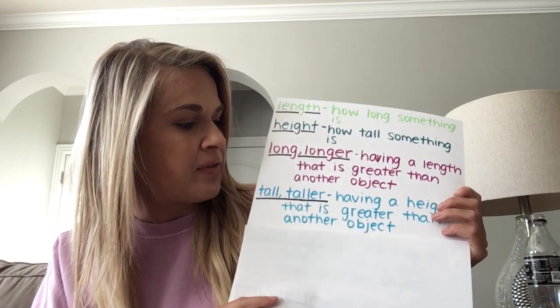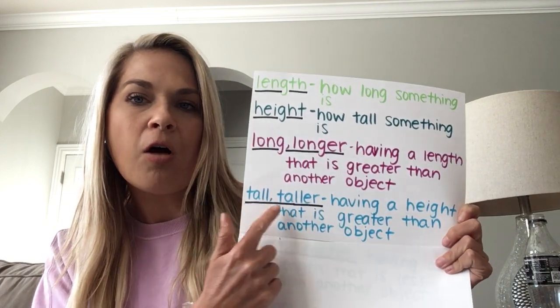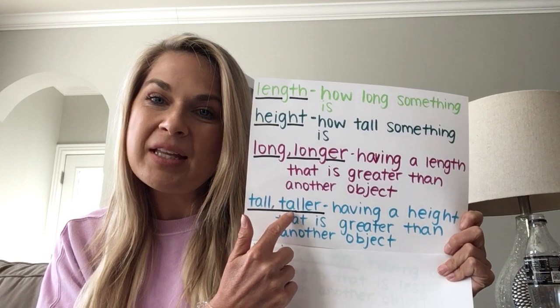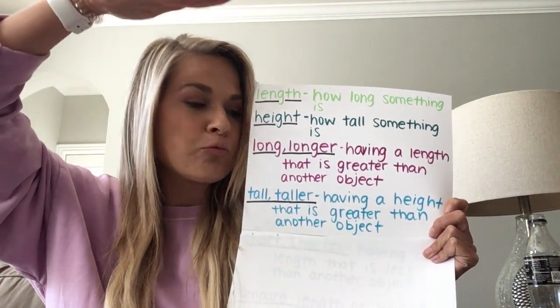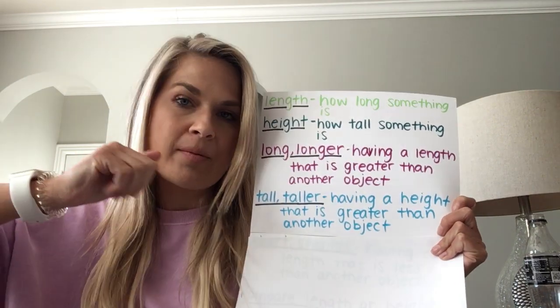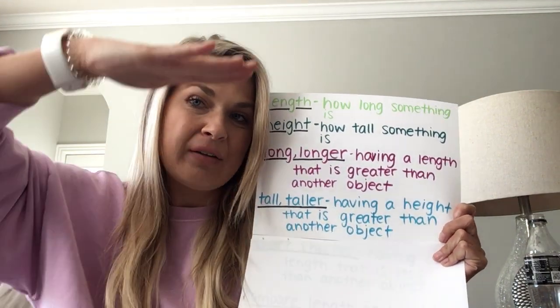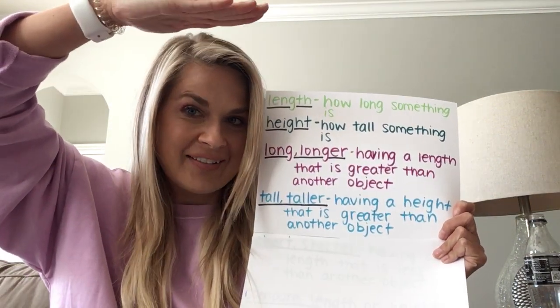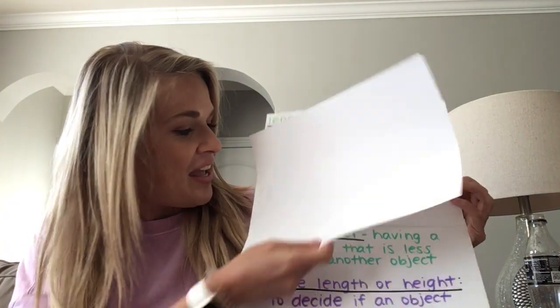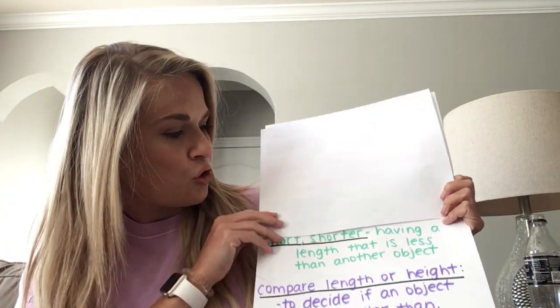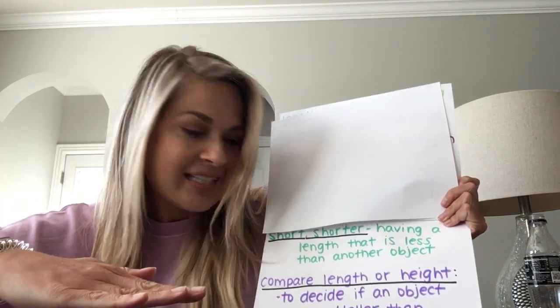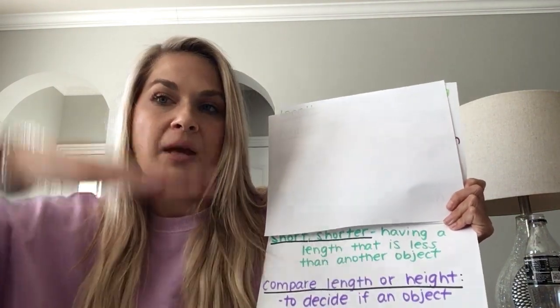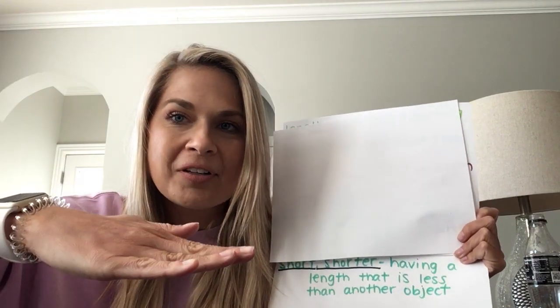And then if we have this vocabulary word, it's tall or taller. If something's taller, it's having a height that is greater than another object. So the height, it's taller if it goes higher. And then if something is shorter, it's having a length that is less than another object. So we have taller and shorter. Good.